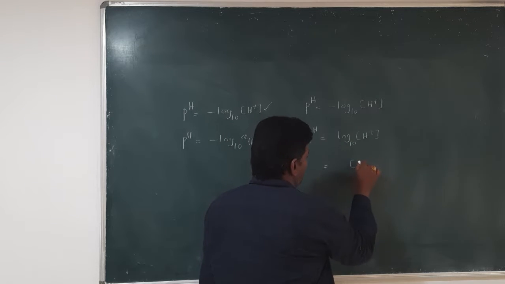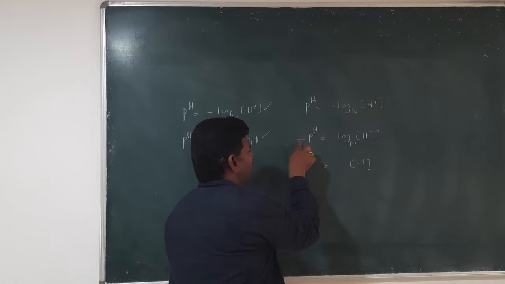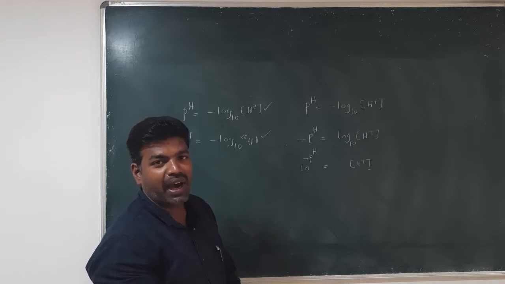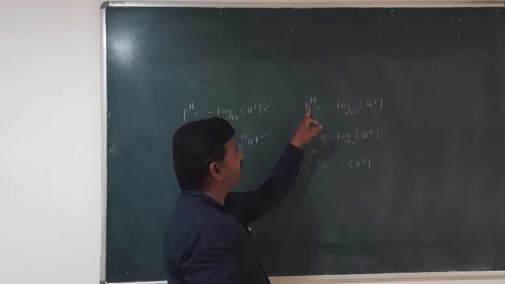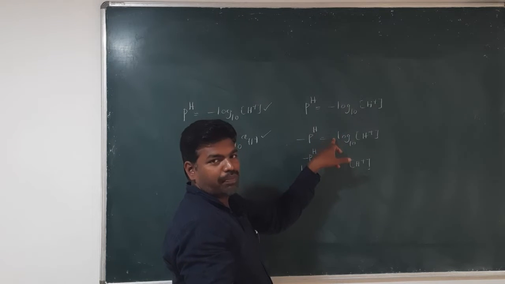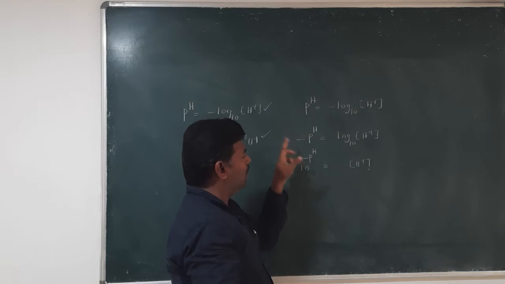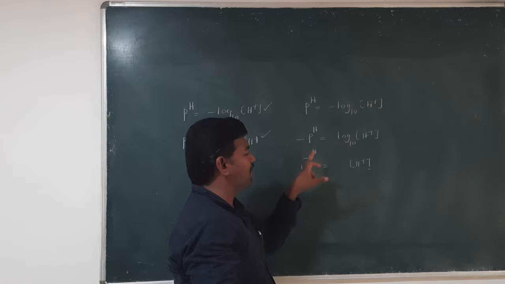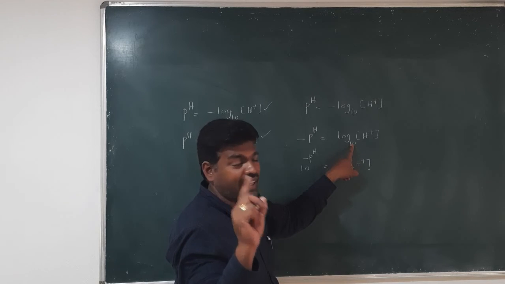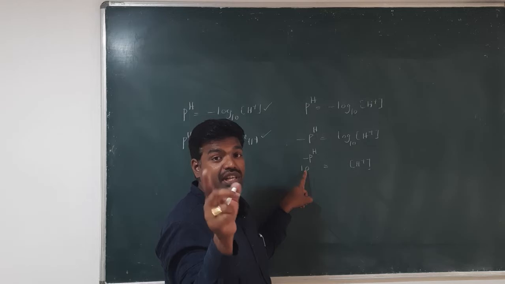If we take this logarithm to the other side, then the negative pH becomes 10 power minus pH, because it is a Briggsian logarithm. Keep in mind that it is a Briggsian logarithm; if it were a Napierian logarithm, it would become e power minus pH.